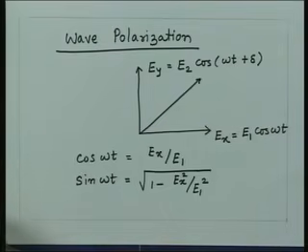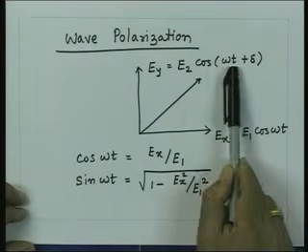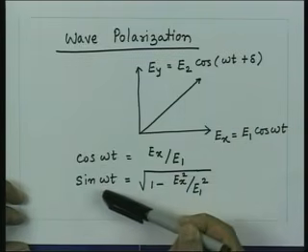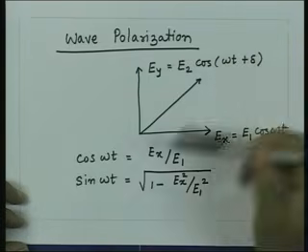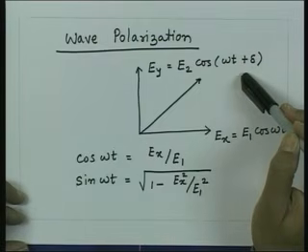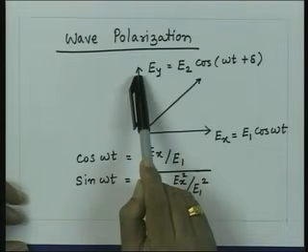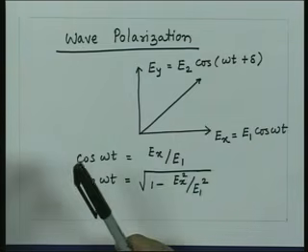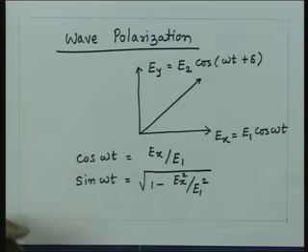In the further analysis, expanding this quantity, we will get the terms cosine omega t and sin omega t. So, we will take from here cos and sin omega t, substitute for them in this equation, and that will eliminate the time parameter. Whatever equation I get, then in the amplitude space for the x and y oriented fields, will represent the equation of the curve drawn by the tip of the electric field vector.